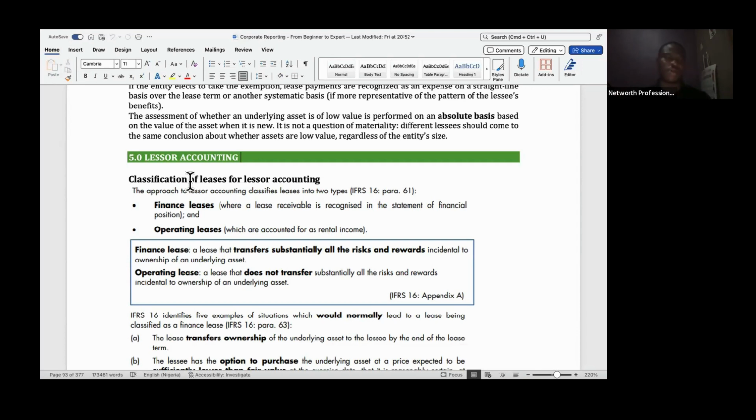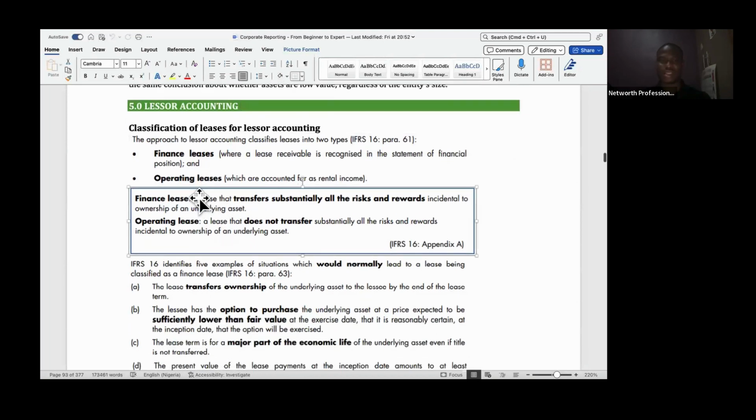Now, let's break it down. So IFRS 16 allows the lessor to classify the lease into a finance lease or operating lease. And it says that a finance lease is a lease that transfers substantially all the risk and reward incidental to ownership of an underlying asset.